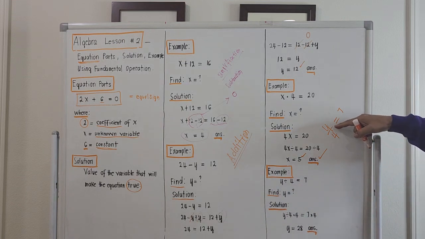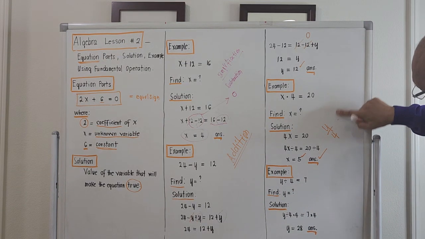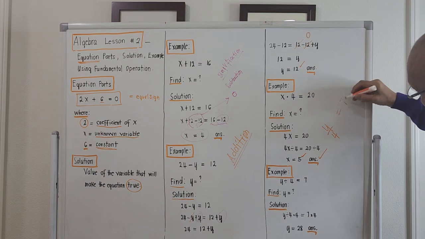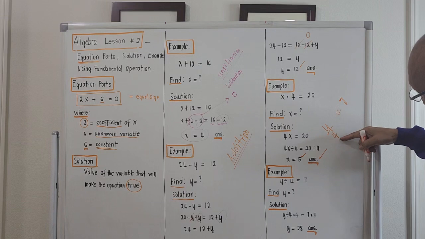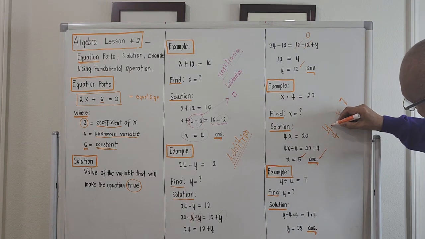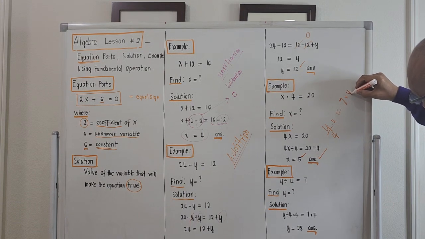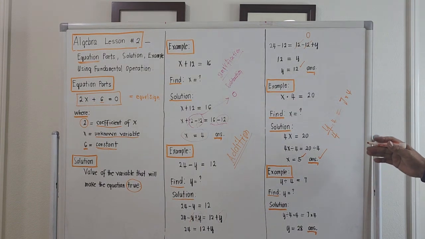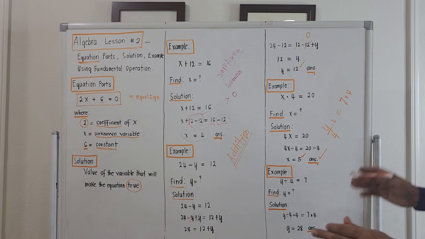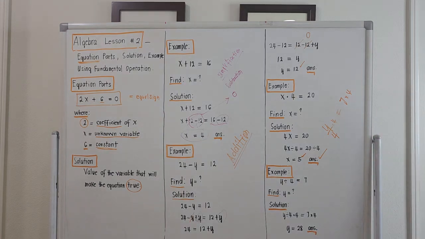So if I try to compute for y, I must eliminate this 4 here. So I will multiply this by 4. This is multiplied by 4. So I now perform the fundamental operation. What did I do? Multiplication, right?